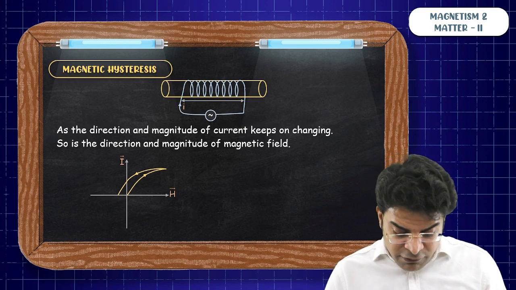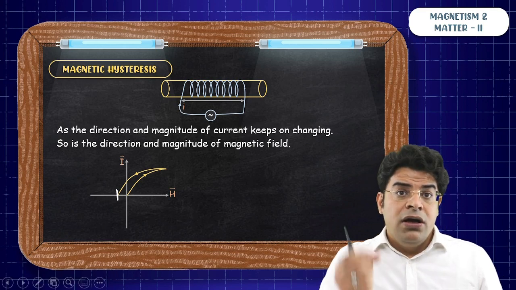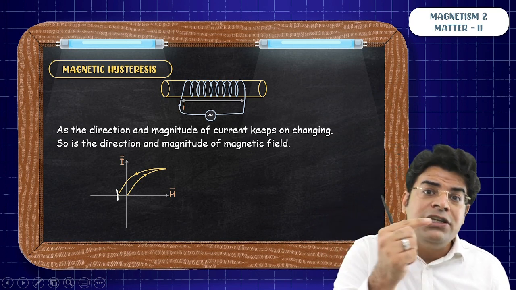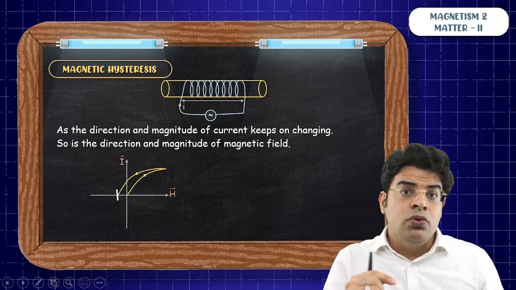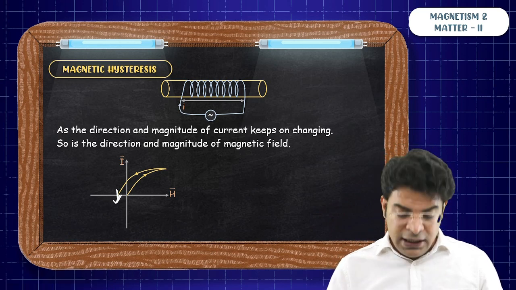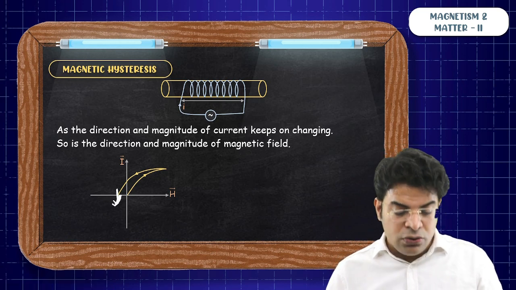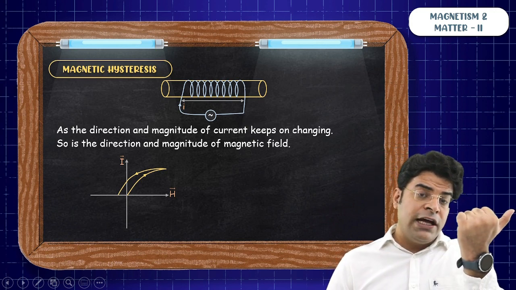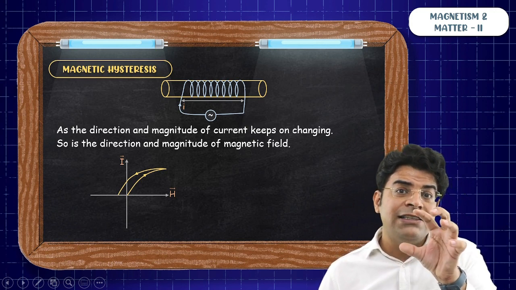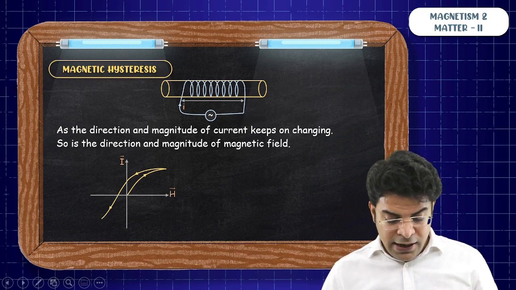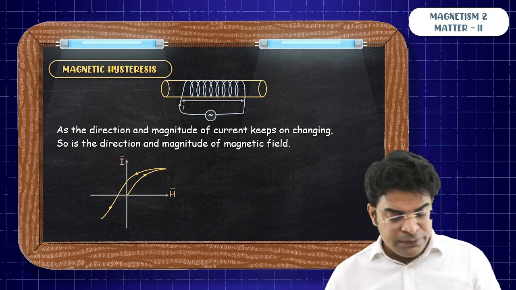This particular value of magnetizing field intensity that has to be applied in the opposite direction, so as to completely demagnetize the substance so that the intensity of magnetization becomes zero, is called coercivity. Then the field keeps on increasing in the opposite direction. So the whole ferromagnetic substance starts magnetizing in the opposite direction and reaches a maximum in the opposite direction.